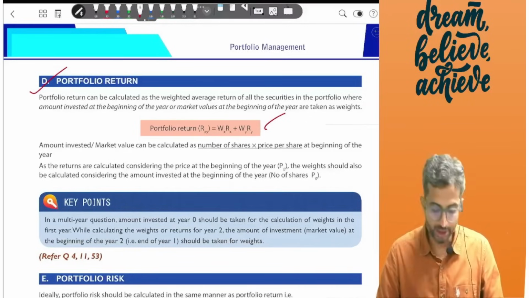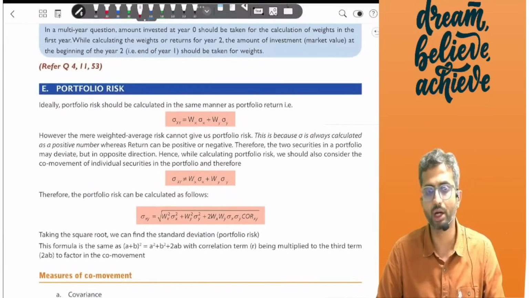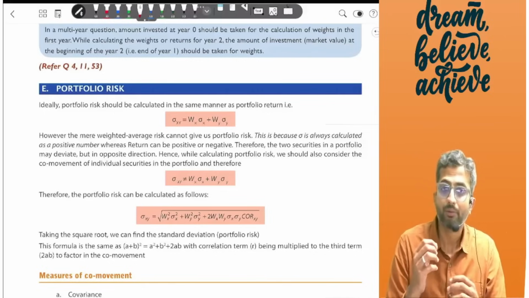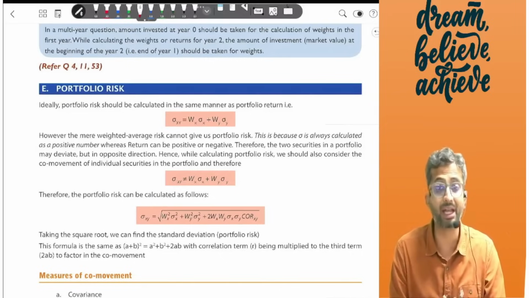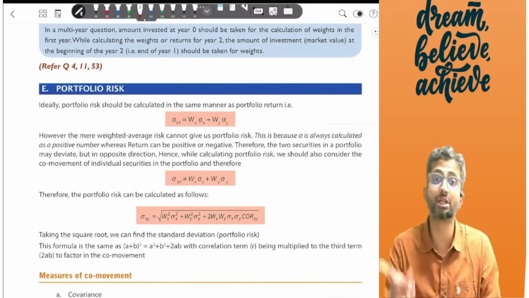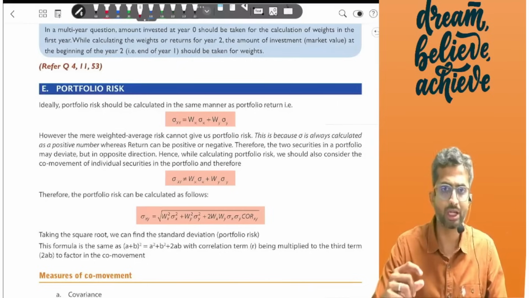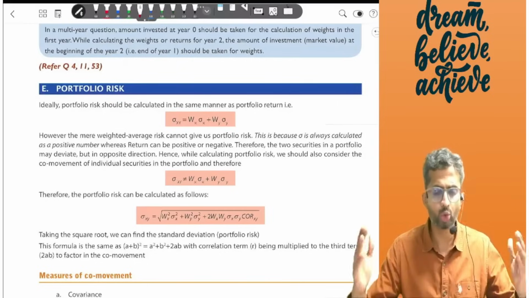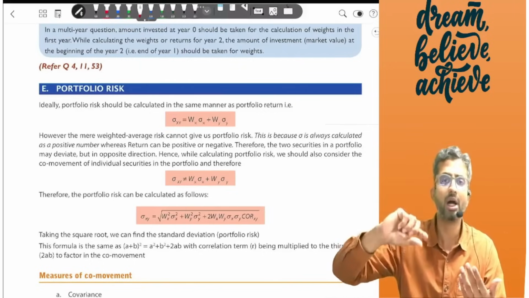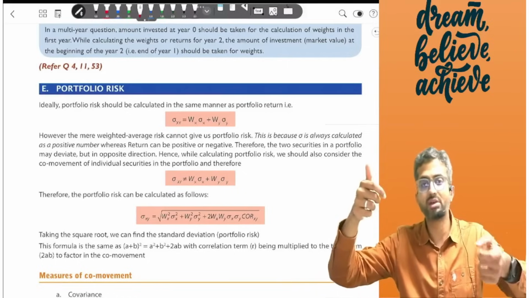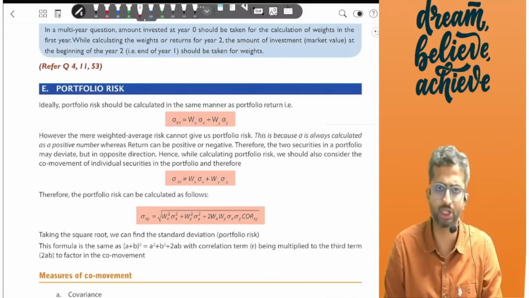Now, when you go to portfolio risk, can we also take the weighted average like we did for portfolio return? The problem over here is that portfolio risk involves standard deviation, and standard deviation can only be positive, whereas return can be positive or negative. As a result, there is an inherent positive bias. There is a possibility that there are two securities, one of which in response to a particular event may go up, like steel prices go up, then the price of Tata Steel might go up, and a company like Maruti, which uses steel as an input, the price might go down because it will reduce the profit.